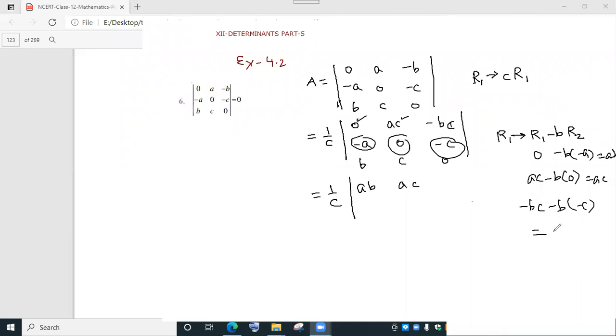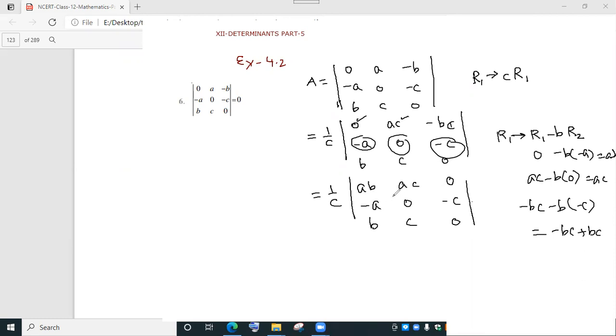So this will become minus bc plus bc, which is 0. The second row and third row will not change.